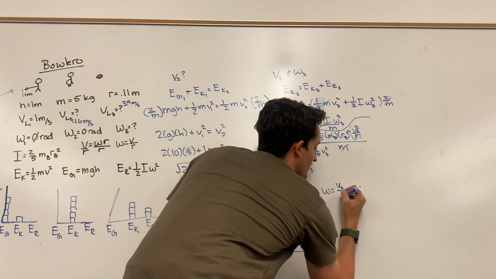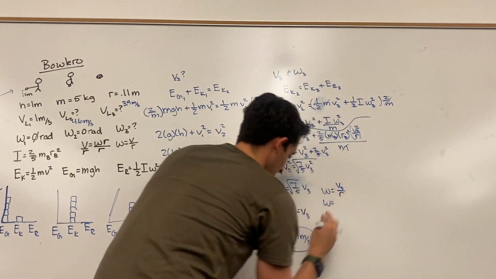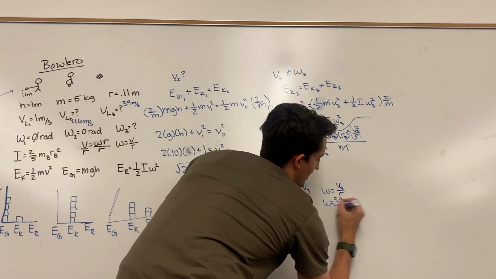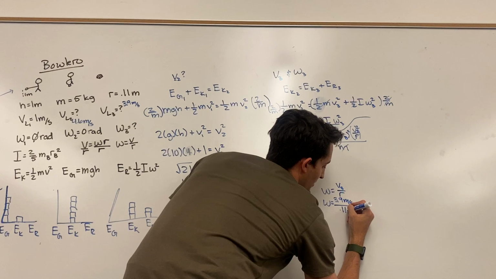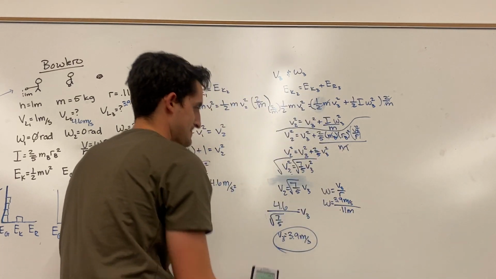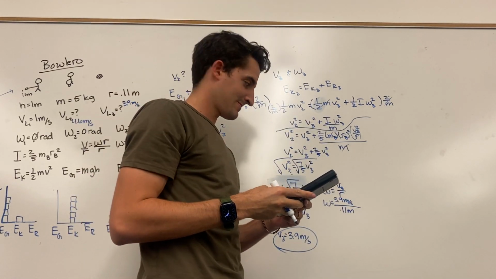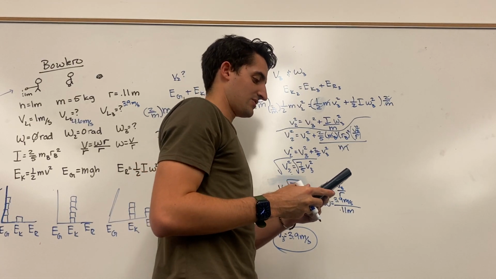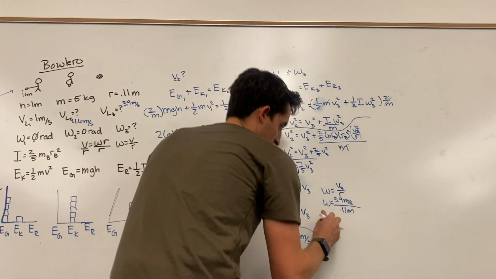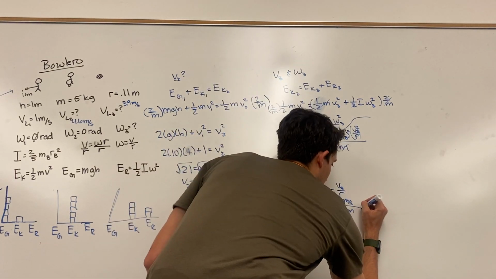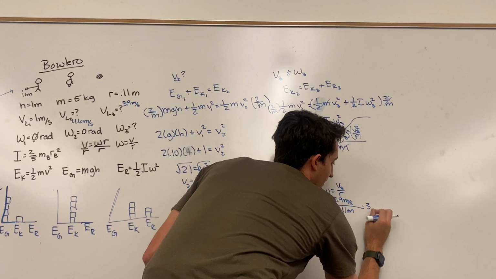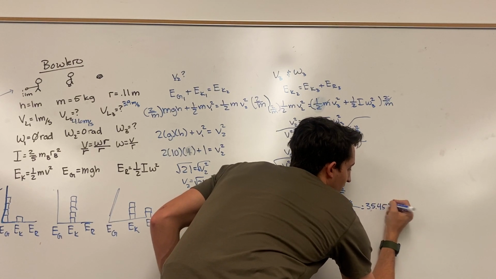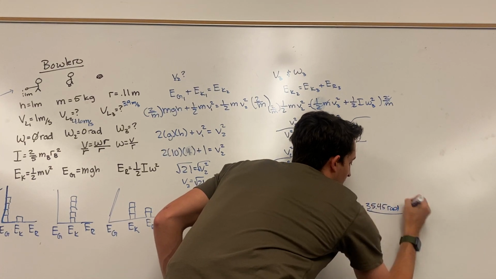We have V3, which is 3.9 meters per second, divided by the radius of the ball. And that's going to be 35.45 rad.